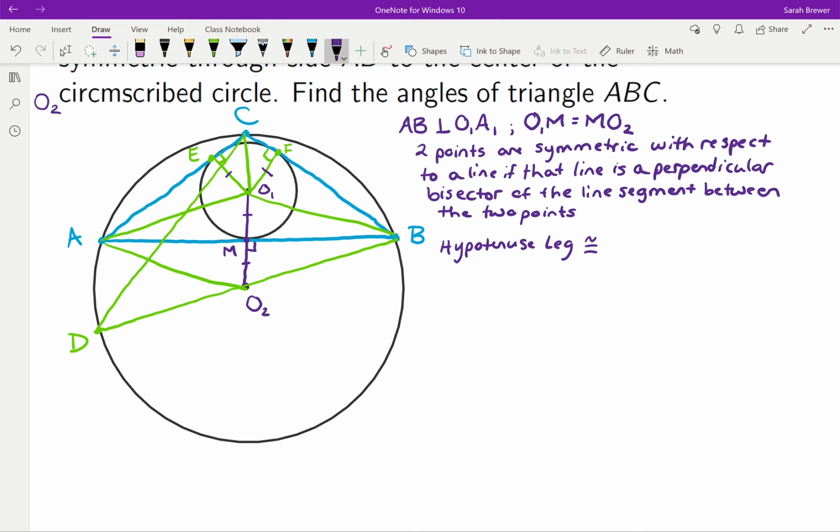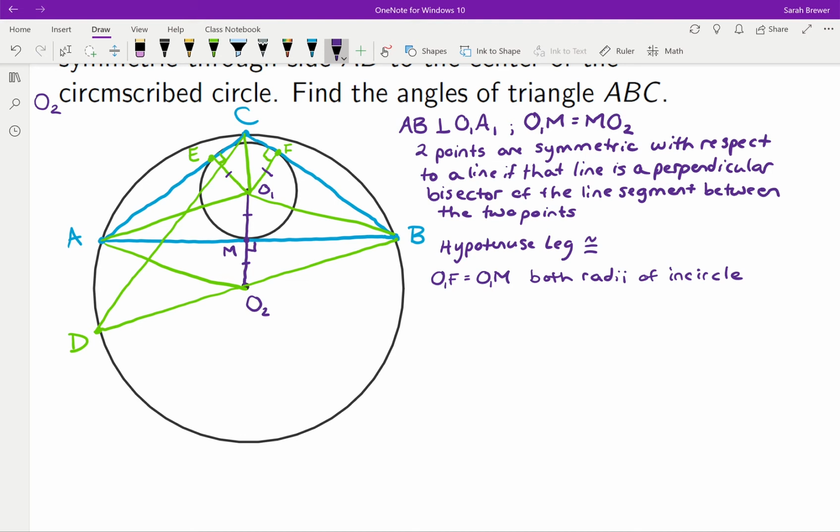So certainly I know that O1F is equal to O1M because those are both radii of the in circle. Inscribed circle or in circle, same thing.